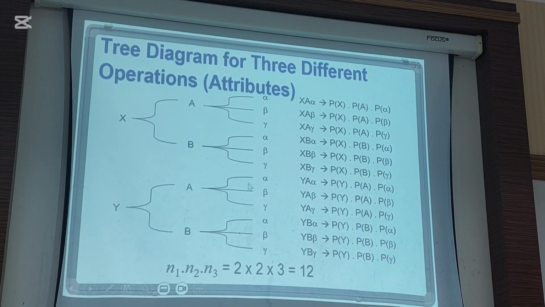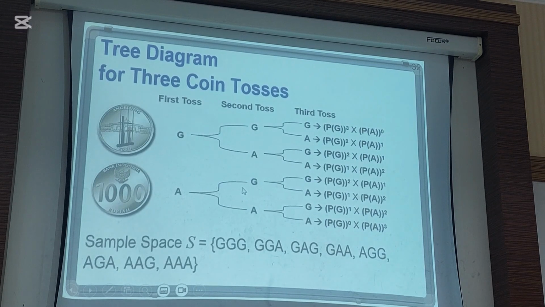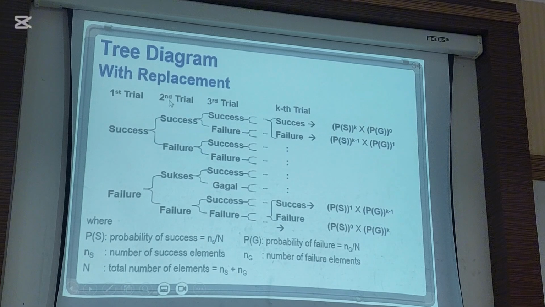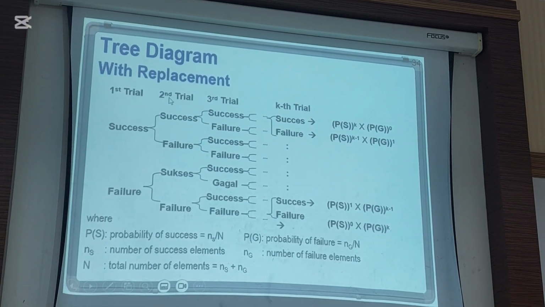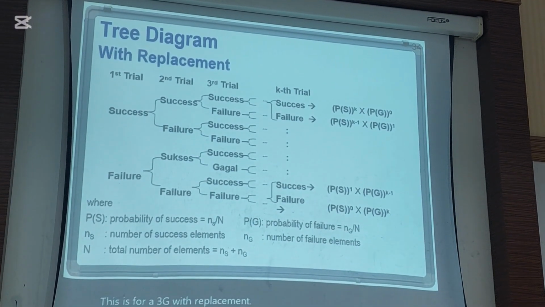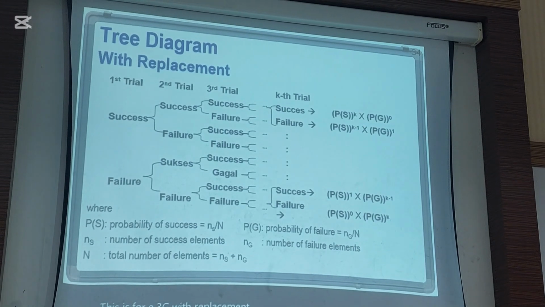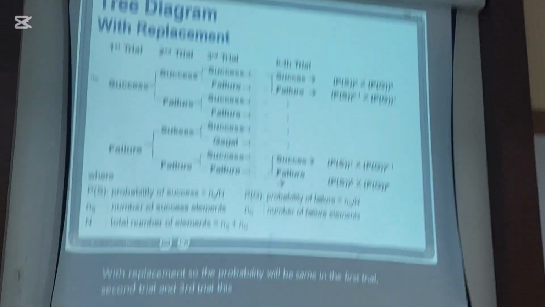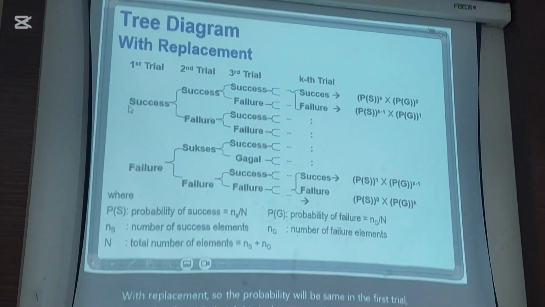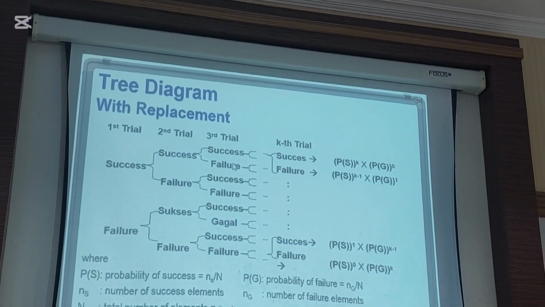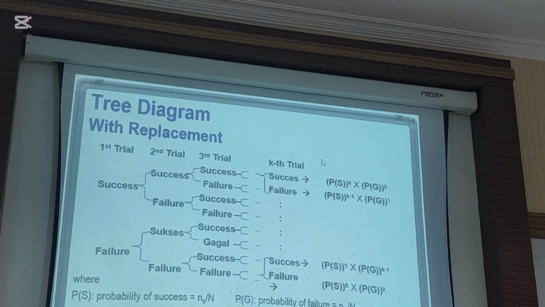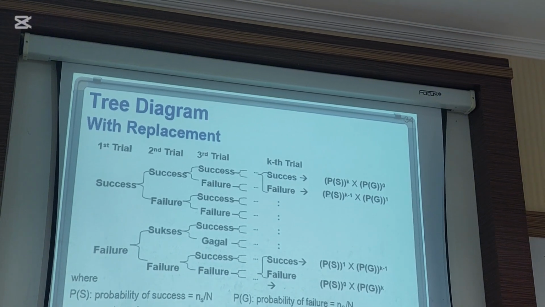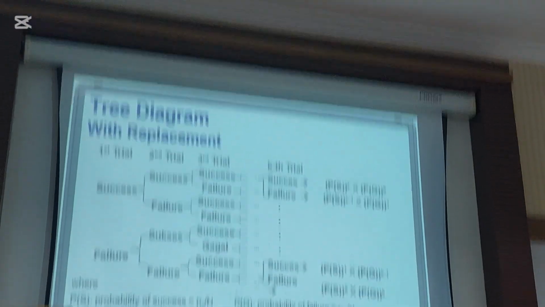Okay. The next one is a tree diagram with replacement. So the probability will be the same in the first trial, second trial, and third trial. For the success, we see the first trial success rate, and so we can calculate the probability.